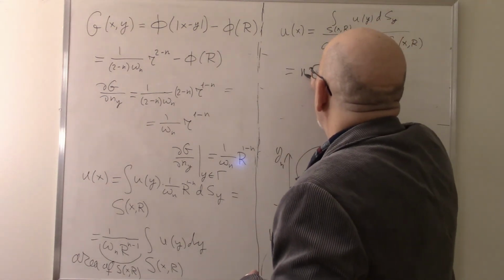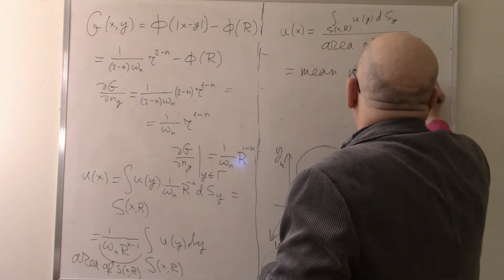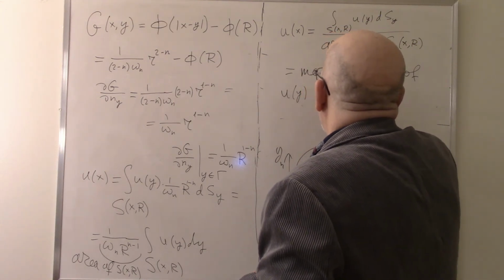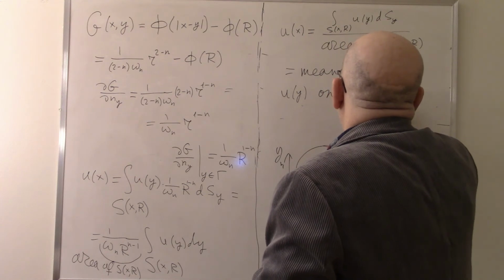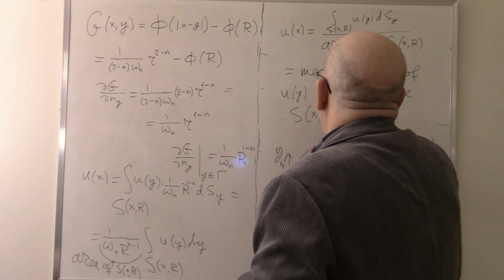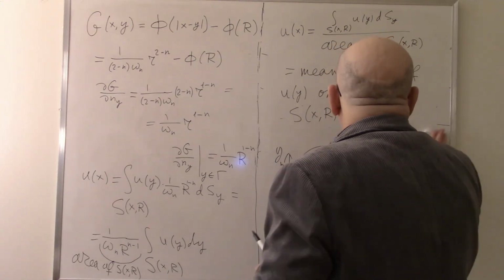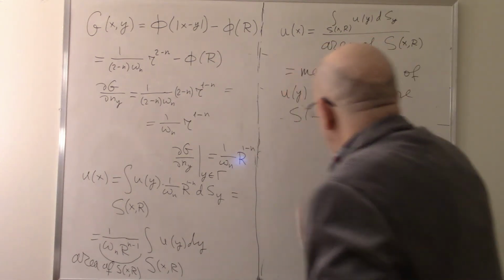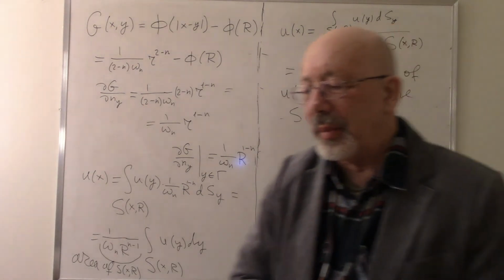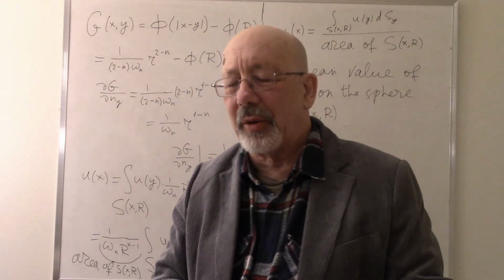Equals the mean value of u of y on the sphere S of x r, with center x. And this relation is called the mean value theorem. So we proved the mean value theorem.